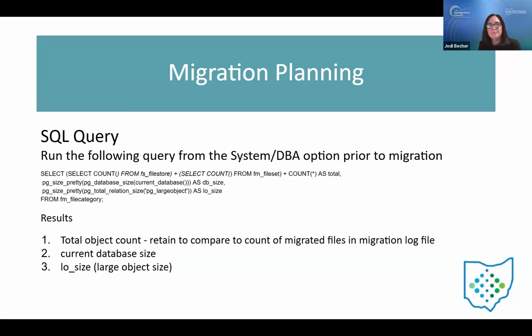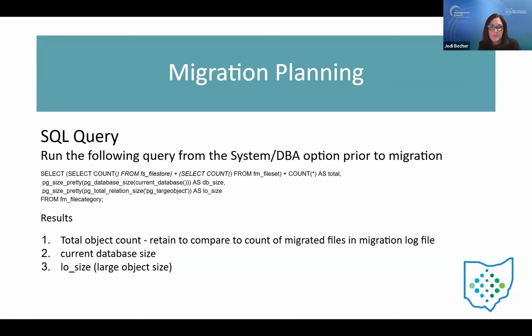But running the SQL query from the DBA option under the system menu prior to migration will give you three values. The total object count, which you can retain to compare the count of migrated files in that migration log. It will tell you how many objects are currently living in the file archive.